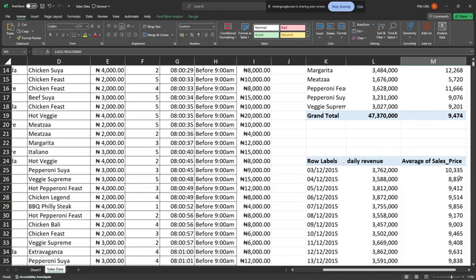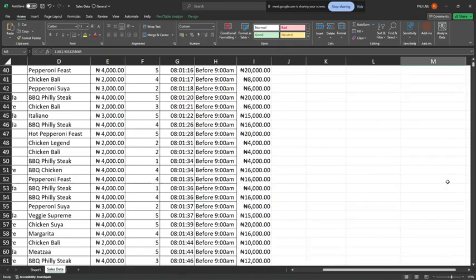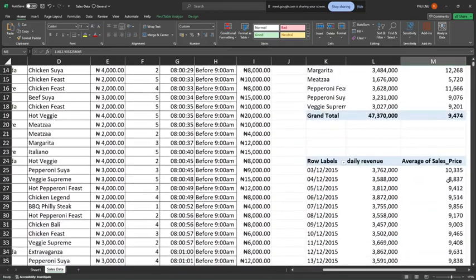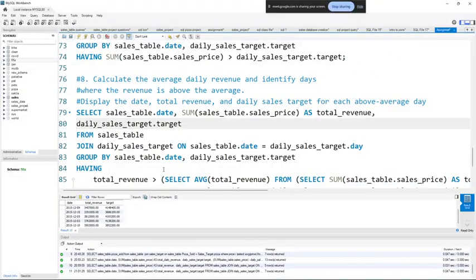On average, not the total, on average. Calculate the average daily revenue and identify days where your total revenue is above the average.